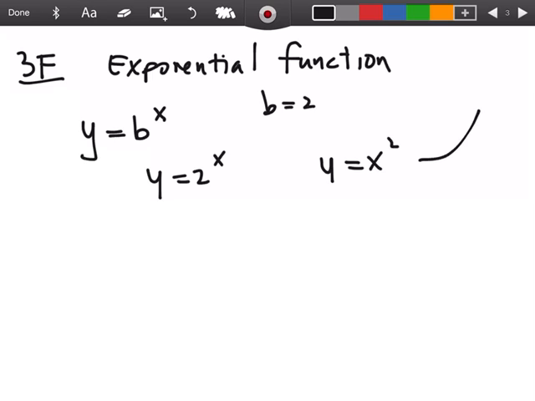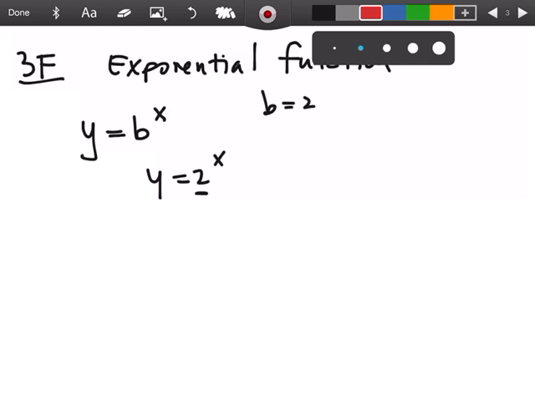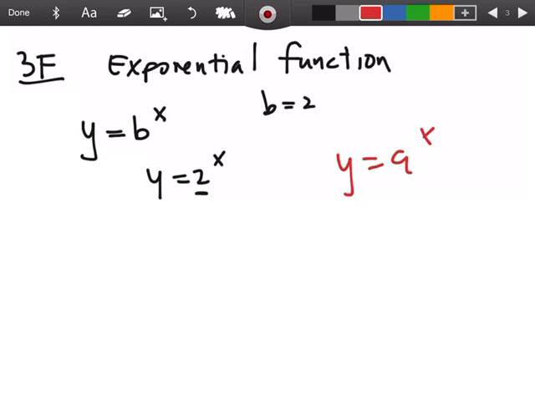Depending on the b value, the power function may grow a little faster at first, but over time the exponential function will rapidly pass it. And if b is even bigger, like y equals 9 to the x, it'll grow even faster, really rapidly.